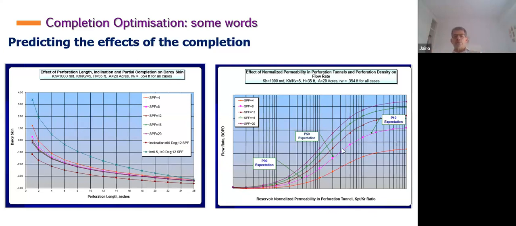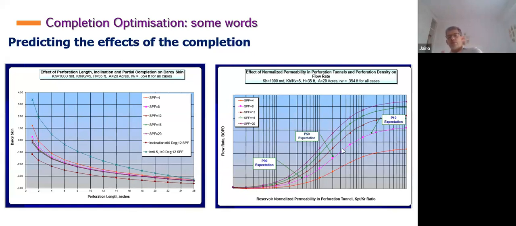Those are some simple calculations that we can do before running any tool in the wellbore. So basically we don't need to go and run tools and do experimental things.